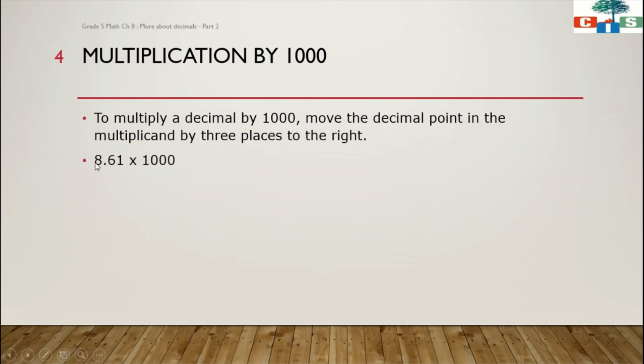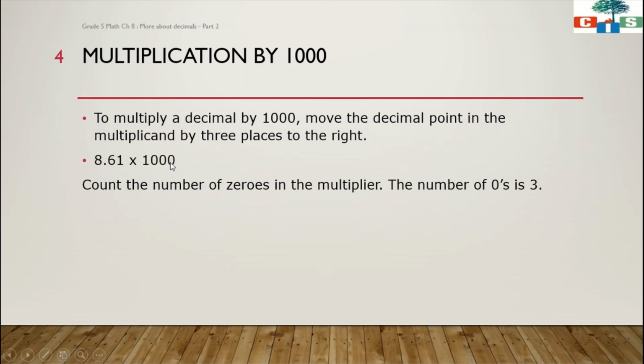Here we have 8.61 multiplied by 1000. Our first step is to count the number of zeros in the multiplier. How many zeros do we have in 1000? 1, 2 and 3. So the number of zeros is 3. Now our second step is to move the decimal point by 3 digits, because we have 3 zeros. After the decimal point we have 6 and 1, so we have only 2 decimal digits. What will we do?